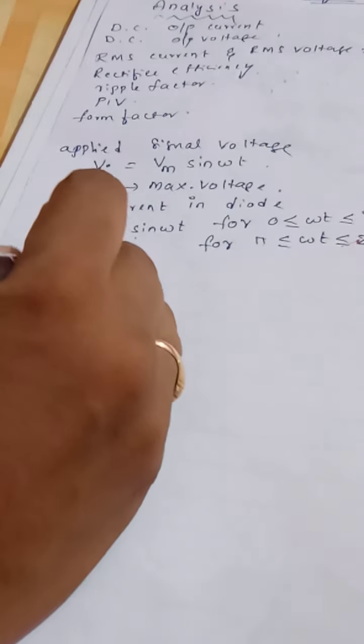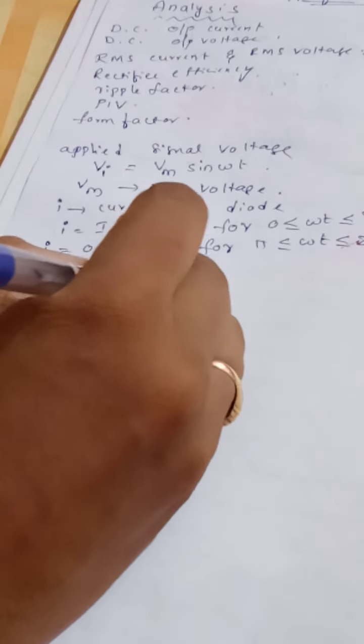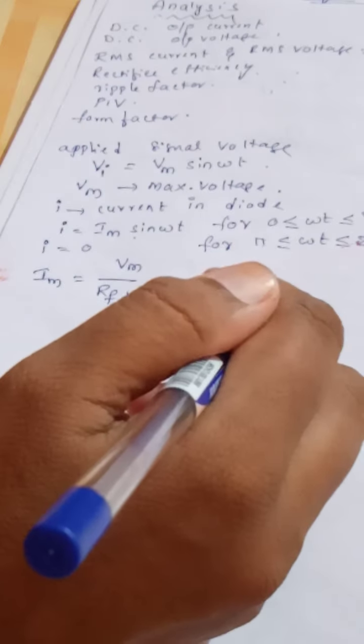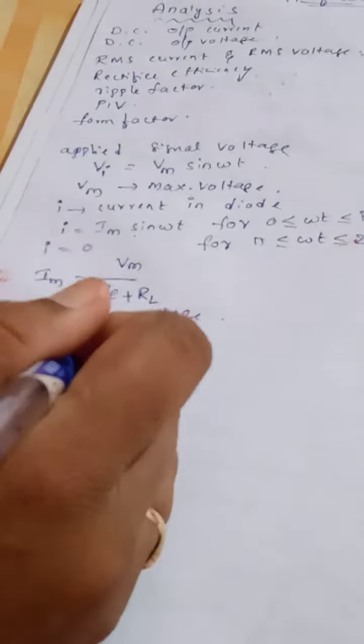So now the value of this maximum current will be equal to Vm by Rf plus RL. What is Vm? Vm is nothing but the maximum voltage, okay.